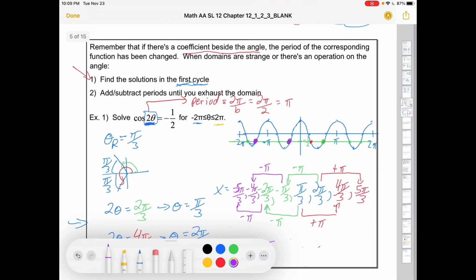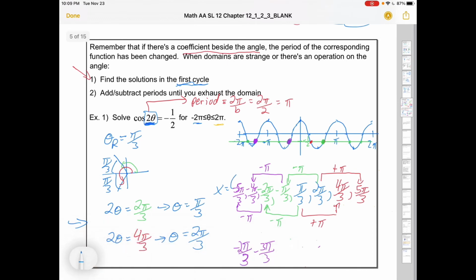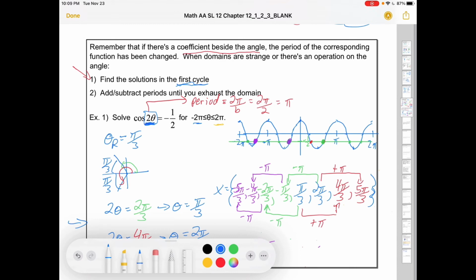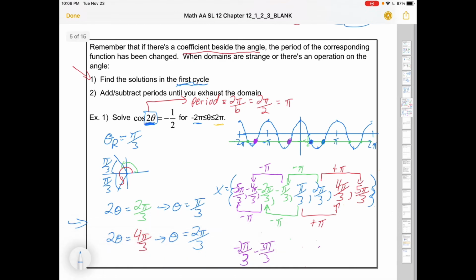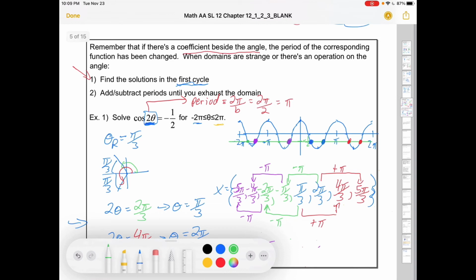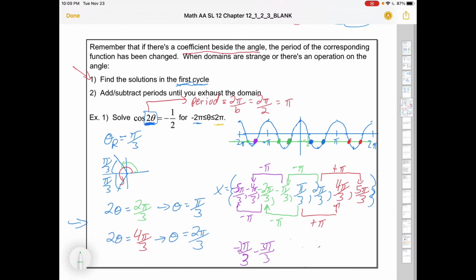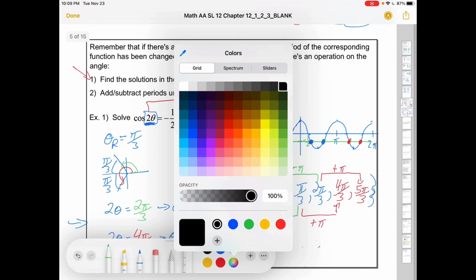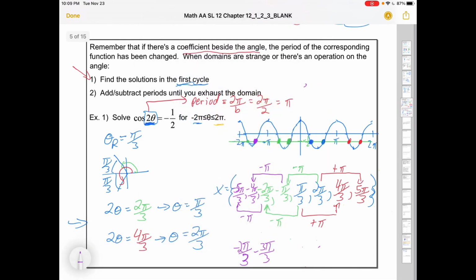There are 8 solutions, and that doesn't really surprise us from the graph that we drew or from the graph that we could have drawn with our GDC. Okay. You don't have to write the brace brackets, but I just want to make the point here that we're talking about initial solutions here in blue, periodic buddies that were 1 period forward, periodic buddies from the initial solution that were 1 period backwards, and periodic solutions that were really 2 periods backwards from the blue one or 1 from the green.